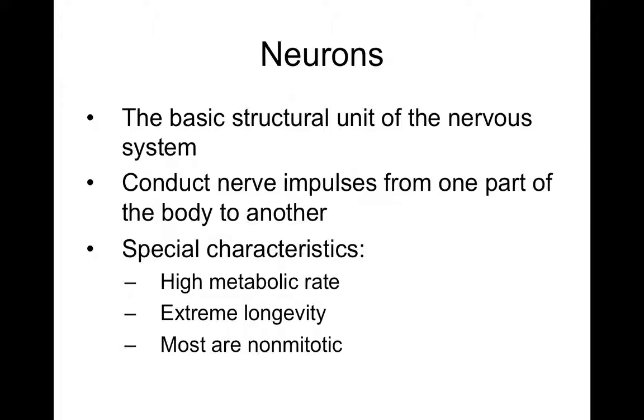Think about some of the oldest people that have ever lived, like 120 or more or less. They would have neurons that are that old. And what's pretty cool is you can carbon date these things. Now, most are non-mitotic, which means they don't divide, but some are. This is actually pretty neat. But the reason why the nervous system is so susceptible to age-related diseases is because these cells don't divide, they don't replenish.